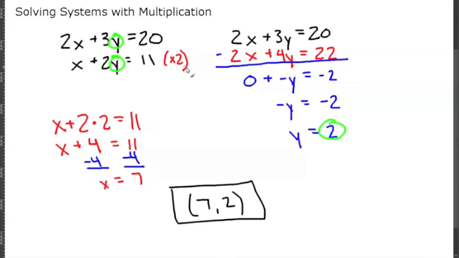And we can multiply this equation by 2 because when we multiply the entire thing, we're not changing the values of x or y. Since everything is being changed by a magnitude of 2, x and y will still be the same values. This is a problem also where if you wanted to, you could divide by 2 to the top.